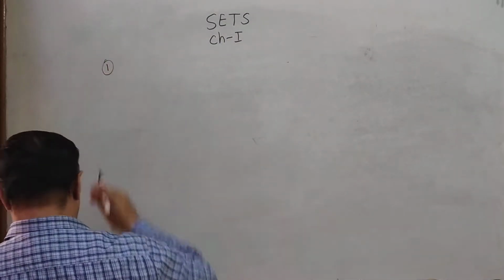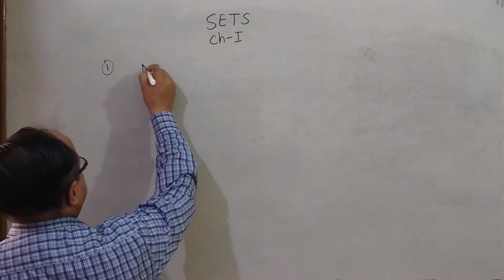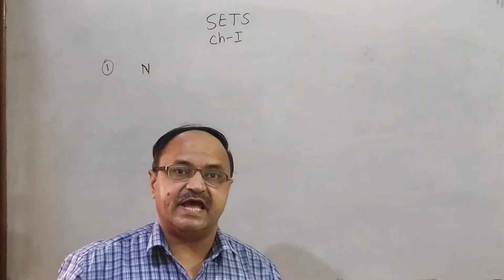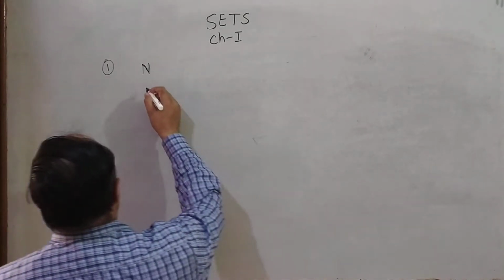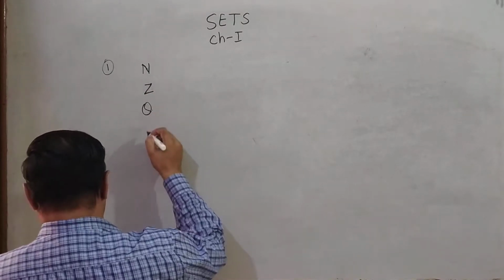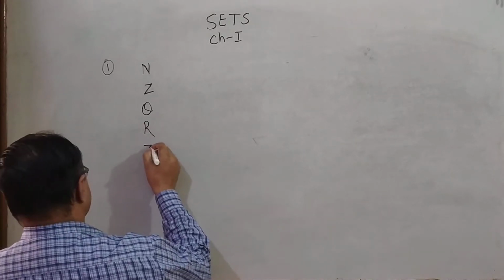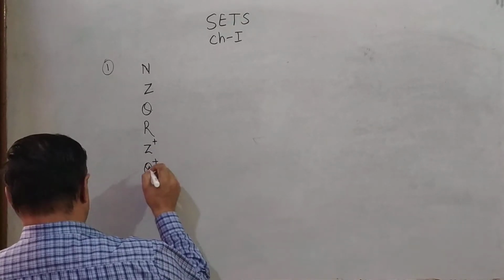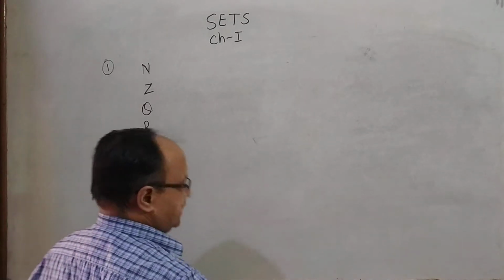You know that sets are generally denoted by symbols. In this chapter we use N, which means set of natural numbers. Z is the set of all integers, Q is the set of all rational numbers, R is the set of all real numbers, Z plus is the set of positive integers, Q positive means set of positive rational numbers, and R positive means set of positive real numbers.